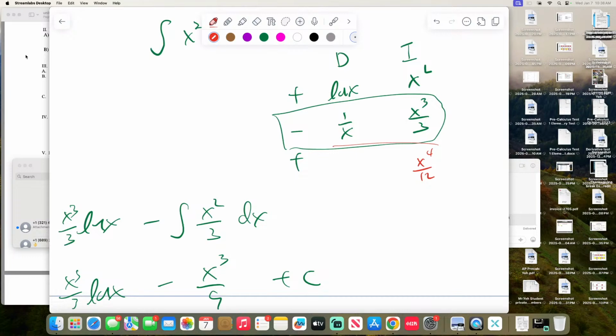If you're that one student, I'm proud of you because you were thinking of things that I didn't teach. You have taught us the integration of 1 over x equals natural log of x. What's the integration of natural log of x then? We didn't teach that last year.